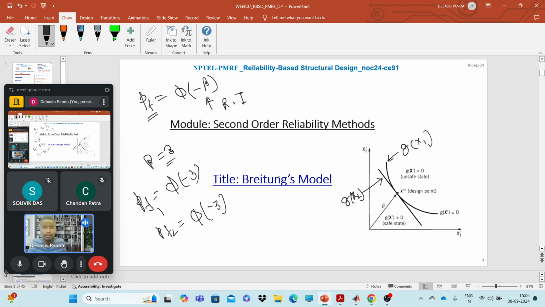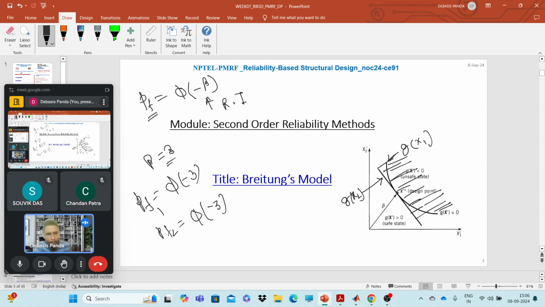Now the question here is, in reality, the failure probabilities of these two limit states are different. For the nonlinear limit state this region is the failure region, or unsafe region, but for the linear limit state the entire region will be the failure region.